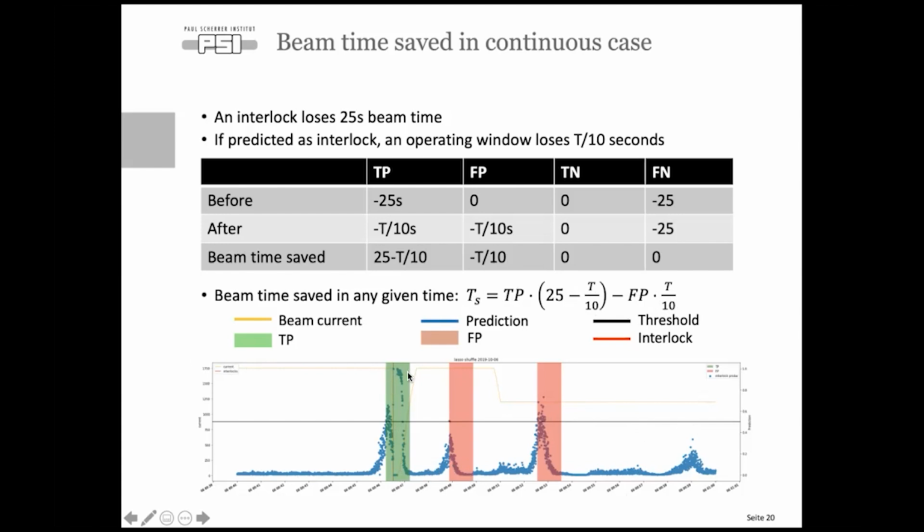You can see the green region marked here is the true positives, so we successfully predict an interlock going to happen. And for this part and this part, since the model output is above our threshold but there's no interlock happening, we have two false positives.